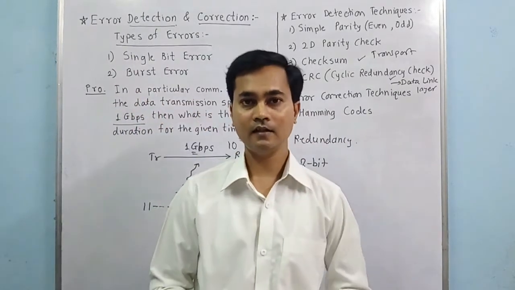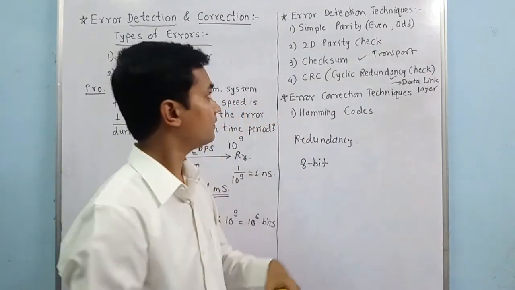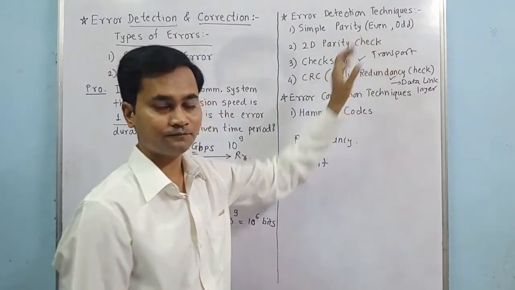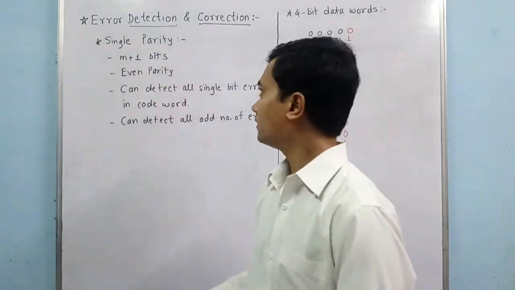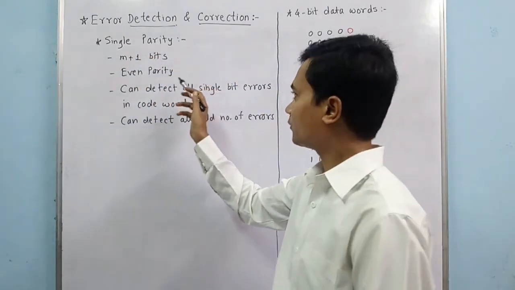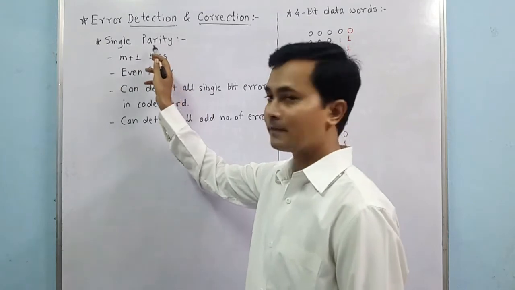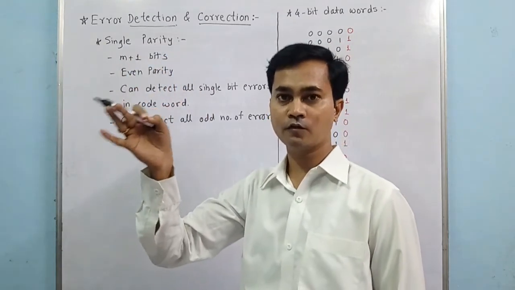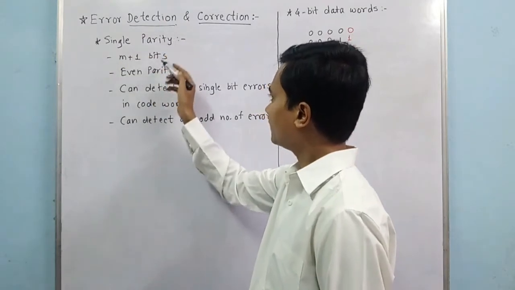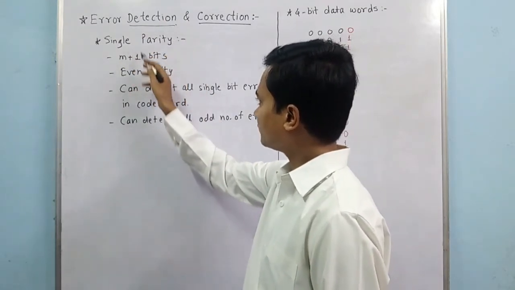Now let us see the simple technique, that is the simple parity technique. Let us see single parity errors. Single means we are going to detect an error in only one bit. In single parity there are multiple points.